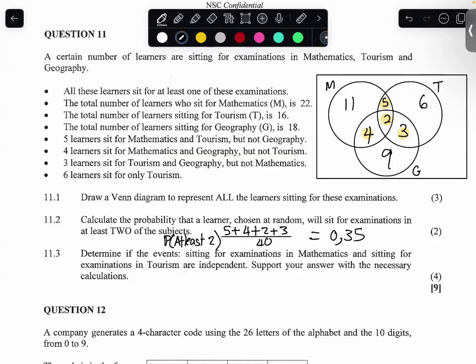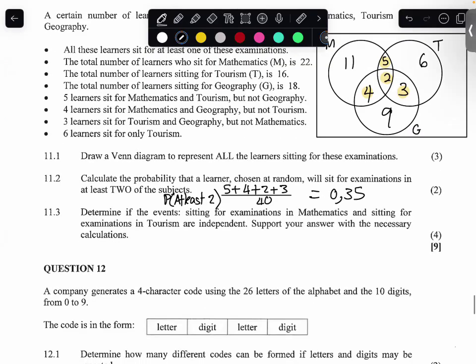Right, okay. Determine if the events sitting for examinations in mathematics and sitting for examinations in tourism are independent. Now, for this independent question, you have to prove that the probability of the first event and the second event is equal to the probability of the first event times the probability of the second event. You have to prove the product rule.